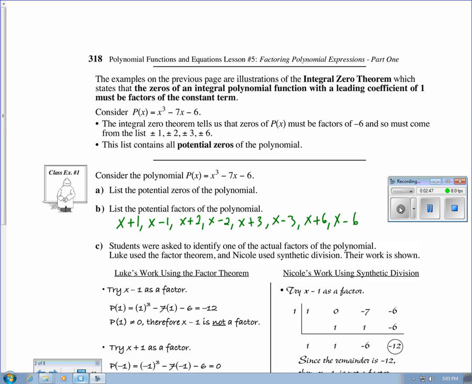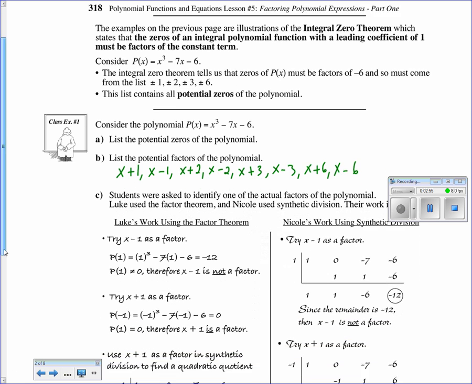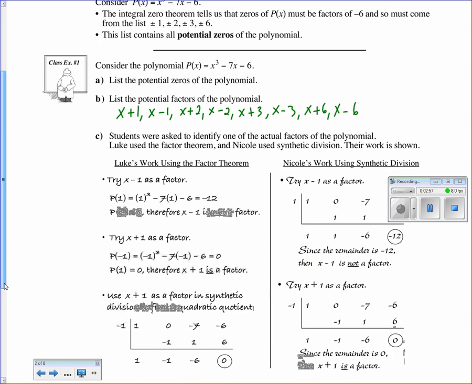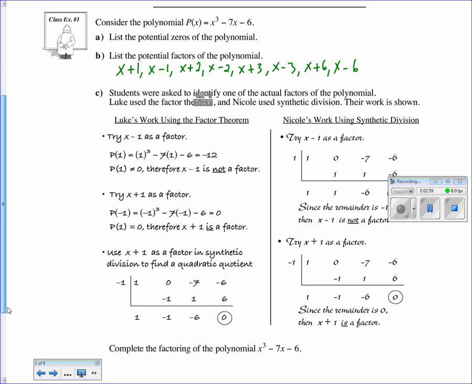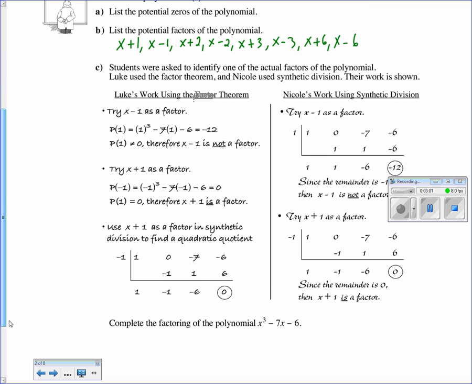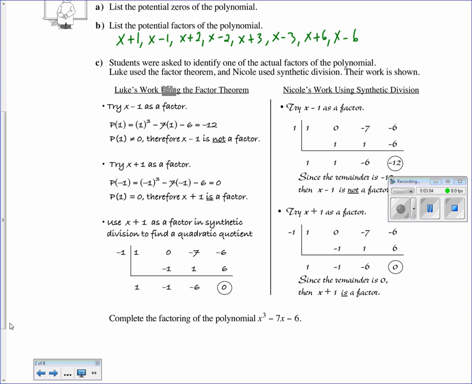We had two students who were trying to identify one of the actual factors of the polynomial. So they tried x minus 1 in the factor and remainder theorem, or tried synthetic division. They found out that when they used x minus 1, they didn't get 0, so that meant it was not a factor.